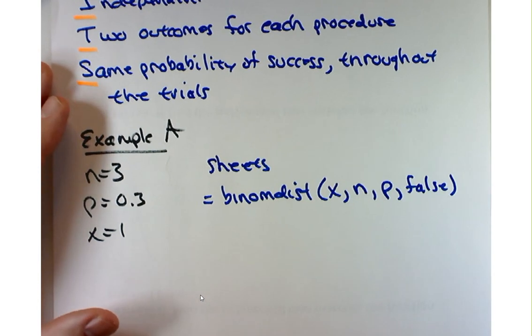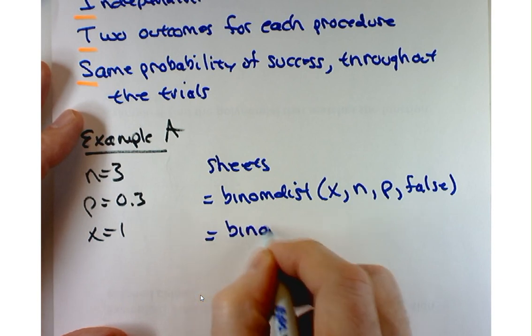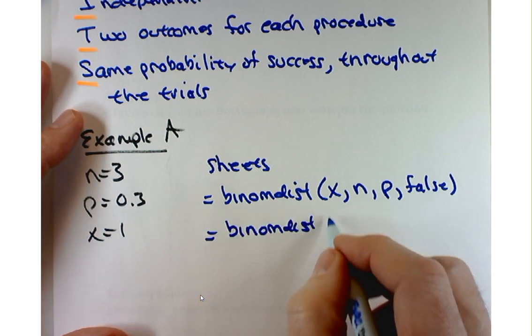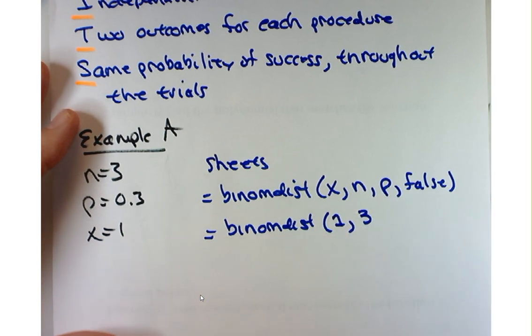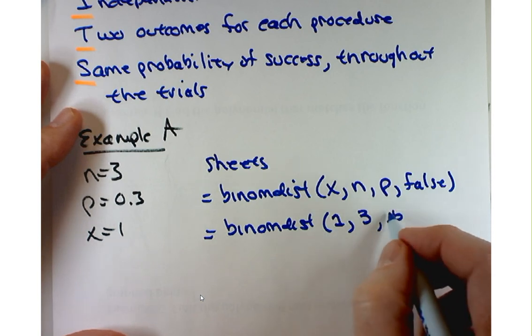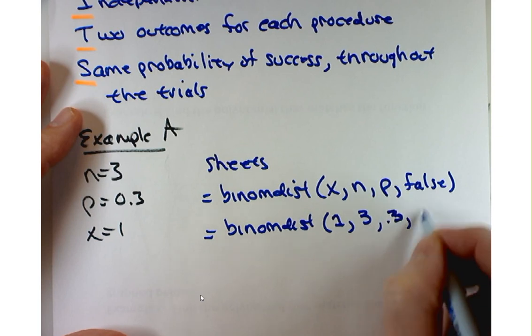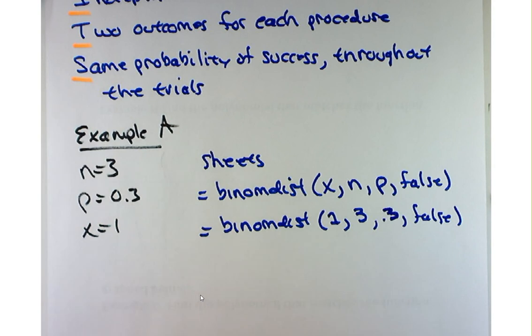In this particular case, it's going to be binomial distribution, X is 1, N is 3, P is 0.3, and then false. So let's put that in and see what happens. What's the chance of getting one of these out of 3 if your probability of success is 0.3?